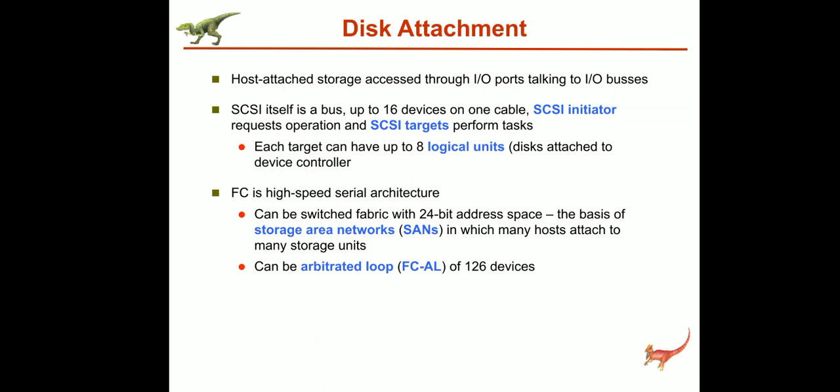So SCSI protocol can have 16 devices on its bus, and these devices include one controller card, which is also called SCSI initiator, and this host can have 15 storage devices.